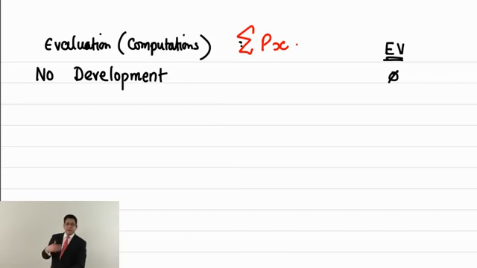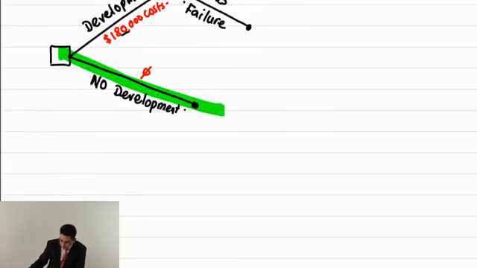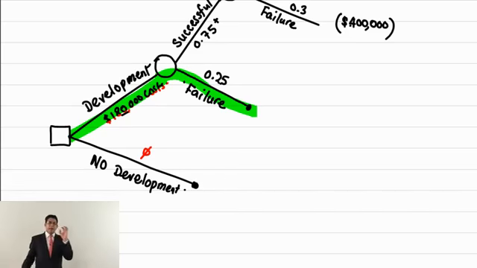Okay, what if we develop the product? Here is the second branch of the decision tree. What if we did decide to develop the product? That we develop the product, we spent 180,000. Simple things first, shorter part of the decision tree. We developed the product and we failed. 25% chances we may fail. Here is the expected value if we failed.